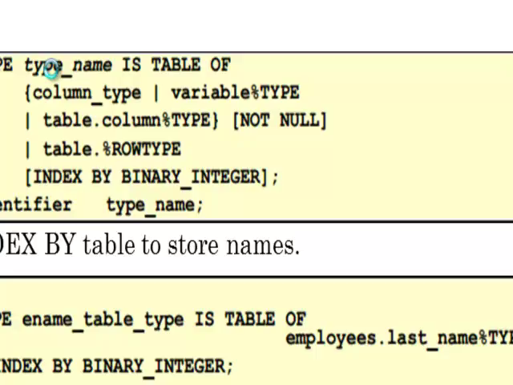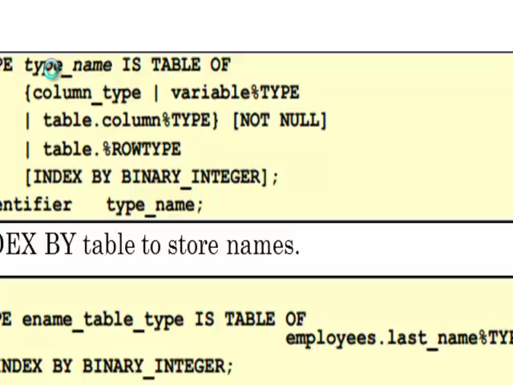We can see that TYPE type_name IS TABLE OF, and in the brackets column_type, variable%TYPE, table.column%TYPE NOT NULL, table%ROWTYPE, INDEX BY BINARY_INTEGER, identifier type_name. An index by table can be declared to store names.